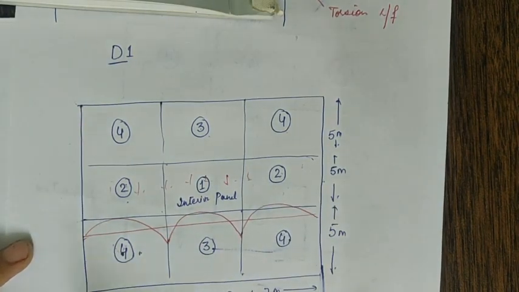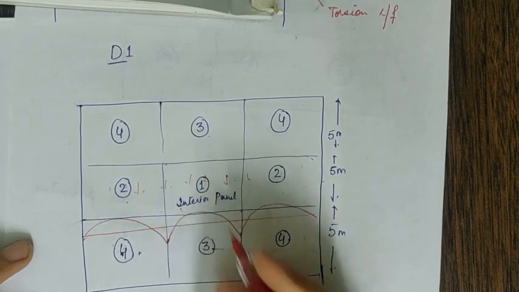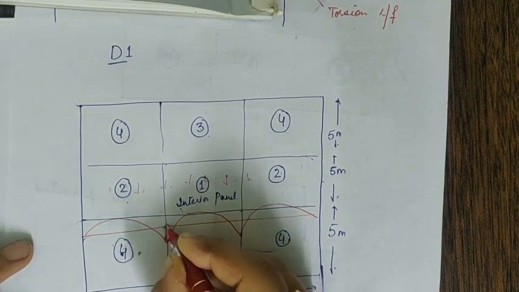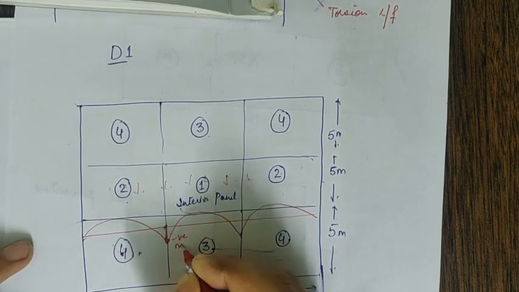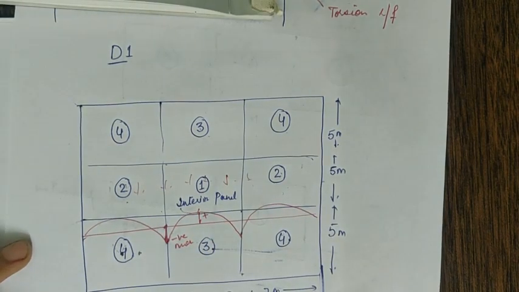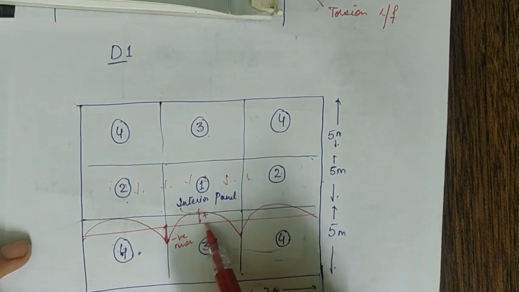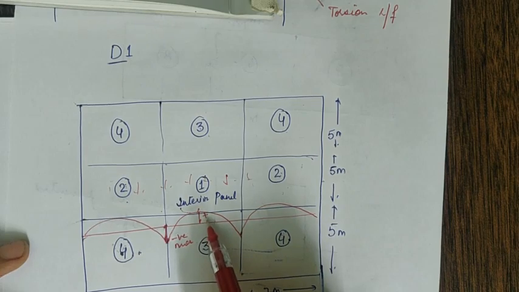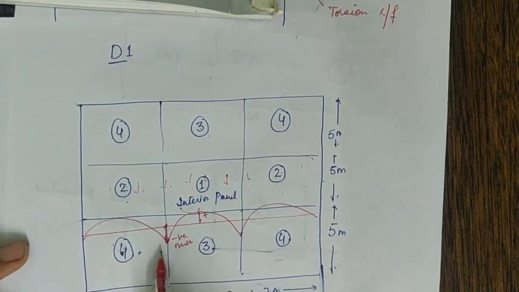Along the x-axis, it means if I'm talking about the interior panel, there will be some negative moment and there will be some positive moment at the midspan. Clear? This particular positive moment in the midspan will be taken by having the positive moment coefficient. This negative moment will be taken from the negative moment coefficients.